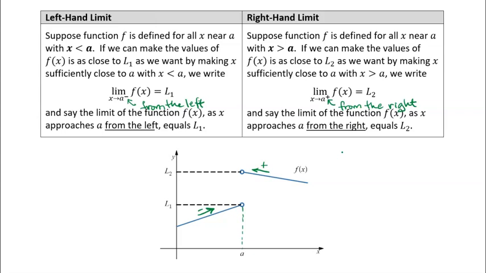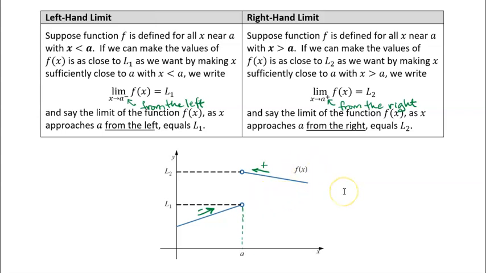Now they could be equal to each other or maybe not. So like in this example that's drawn here, this function has a jump, right? There's a discontinuity, we say, at a, and so the limit from the left and limit from the right are not the same values.